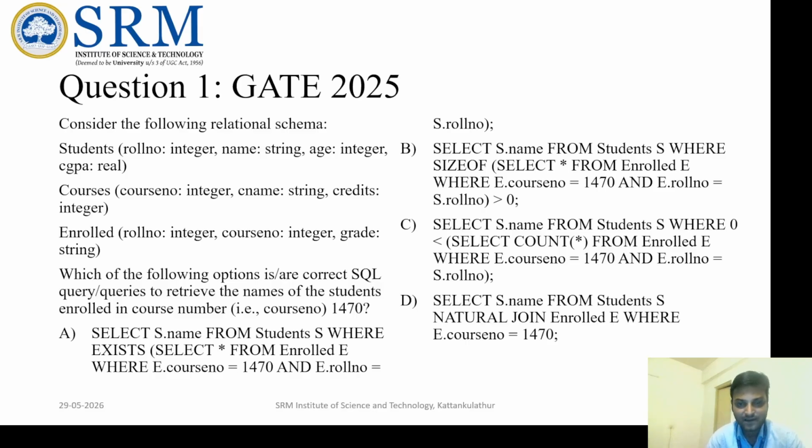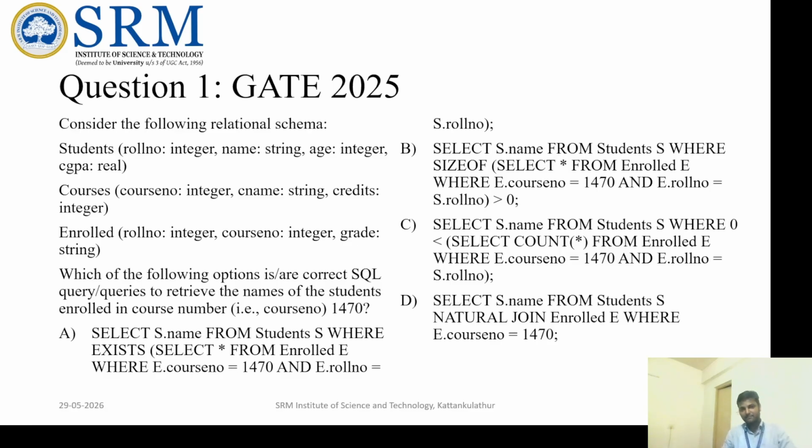So I have to check the inner query, and I have to check the outer query. Whenever we are checking the outer query, each and every attribute of the outer query will be taken as an input in the inner query, and they will be checked according to the constant given in the inner query.